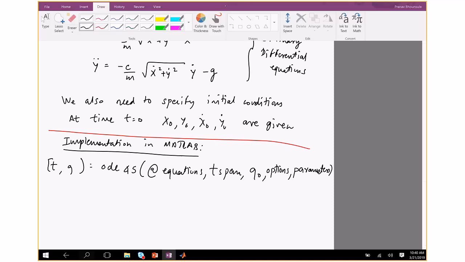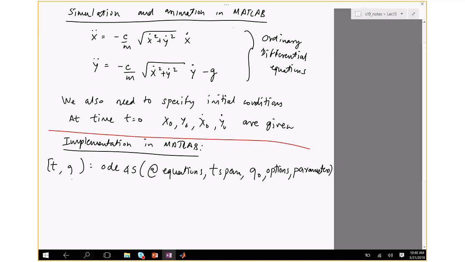So let me write all those things down. This is the function that gives x dot, y dot, x double dot, y double dot. T span is time, 0 to t end.